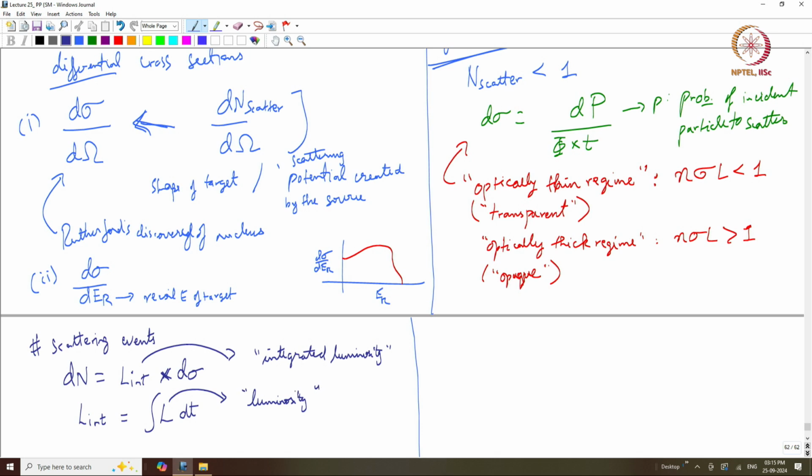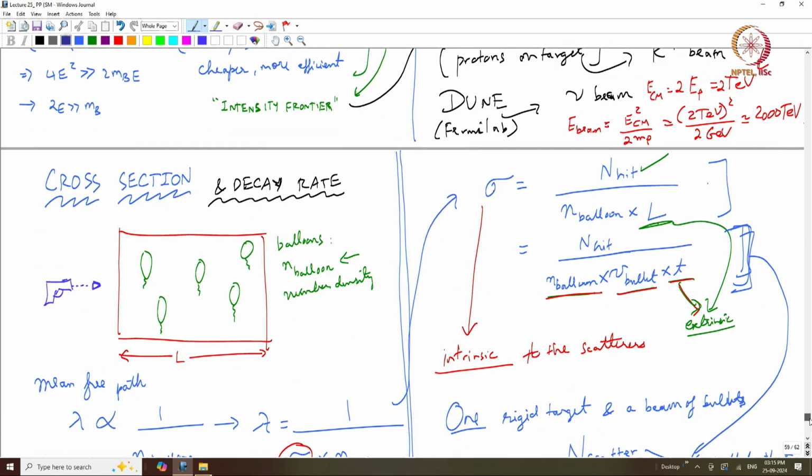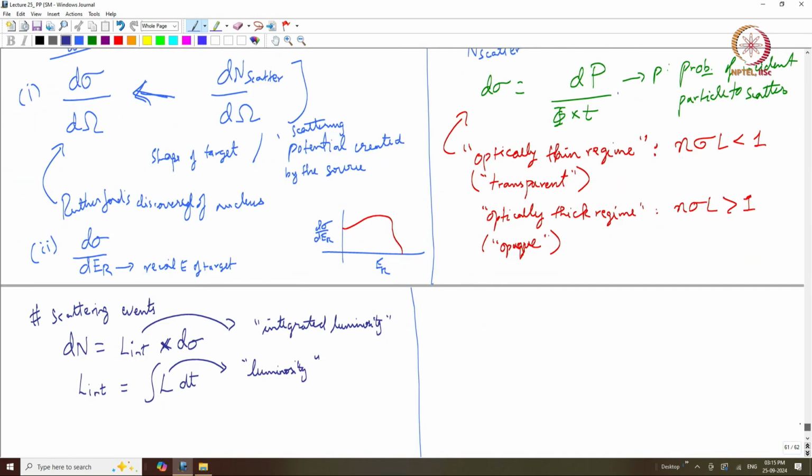Just look at the previous expressions that I was writing down. Look at this and what I've written down here. See that luminosity is nothing but the flux of the beam.